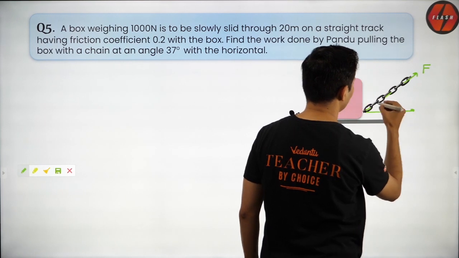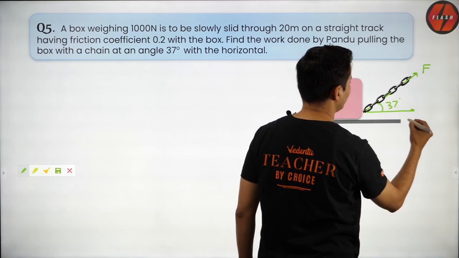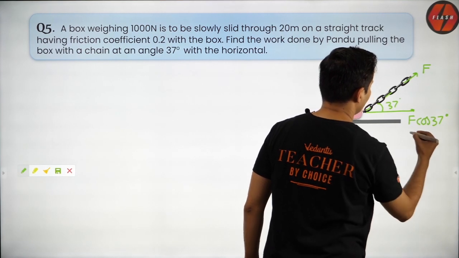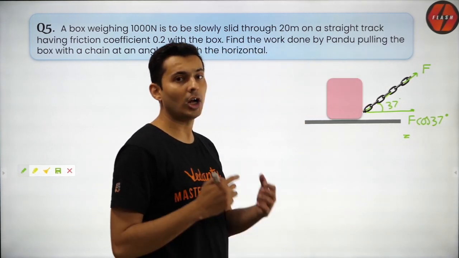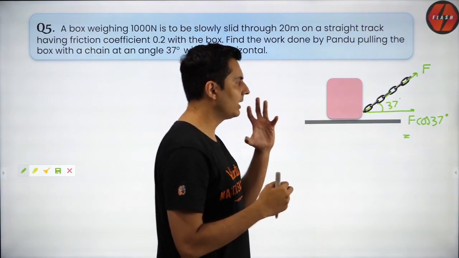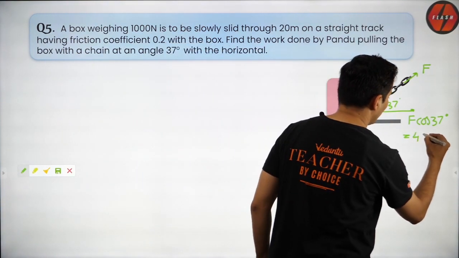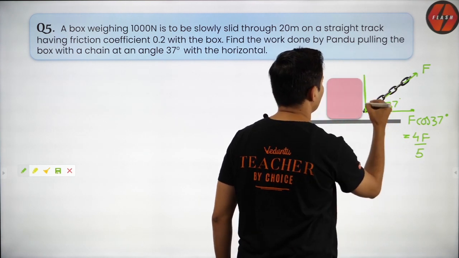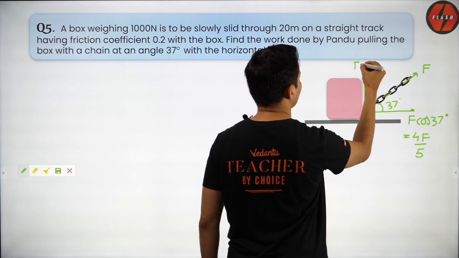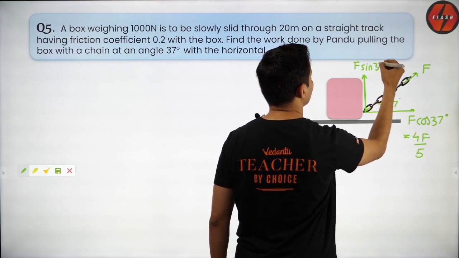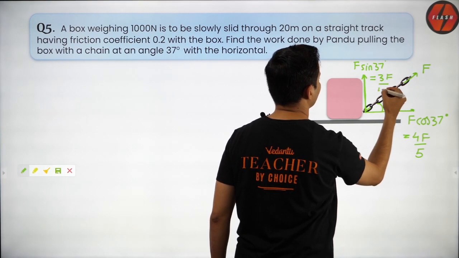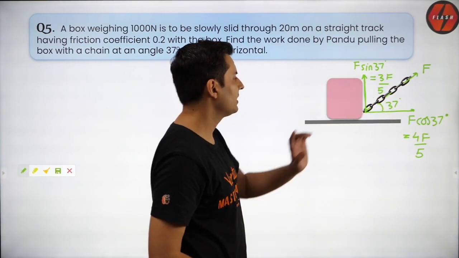One like this, since this angle is 37, this will be F cos 37, which is, think about it, cos 37 guys is 4 divided by 5, so it will become 4F by 5, and this component is going to be F sine 37, which is nothing but 3F by 5, because sine 37 is 3 by 5.